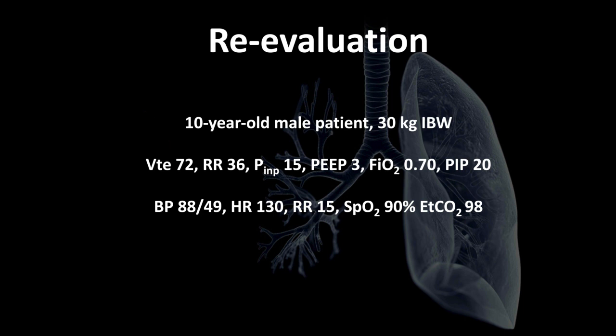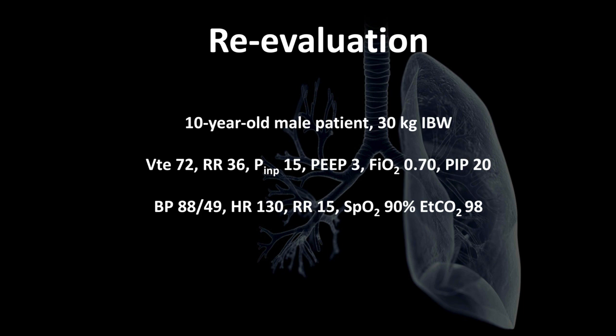A 30-kilo patient at 6 mils per kilo should have 180 mils of exhale tidal volume, or right around there. So they are significantly low, and that is a great indicator that they are not generating enough time to fill the lungs. Either the pressure needs to be turned up, the PIP needs to increase, or our time spent during that inspiratory phase is limited. And so we have to fix this.